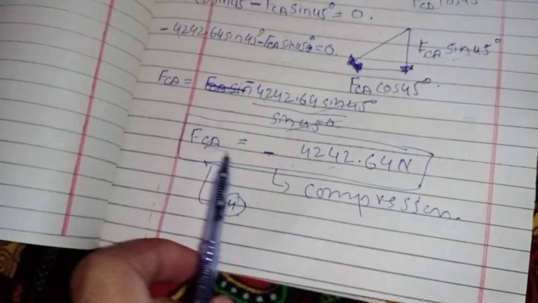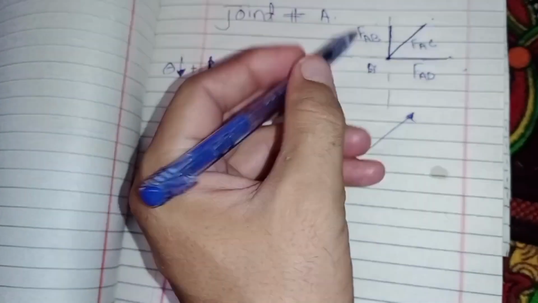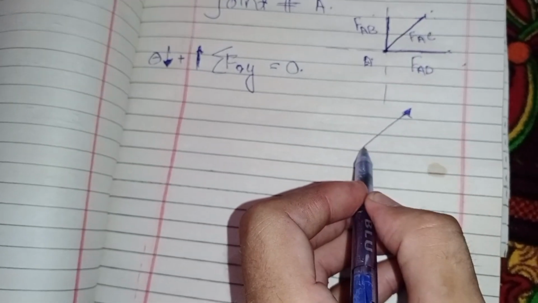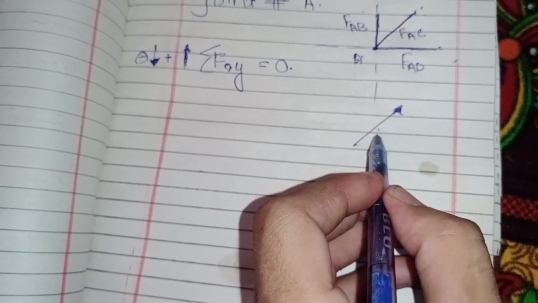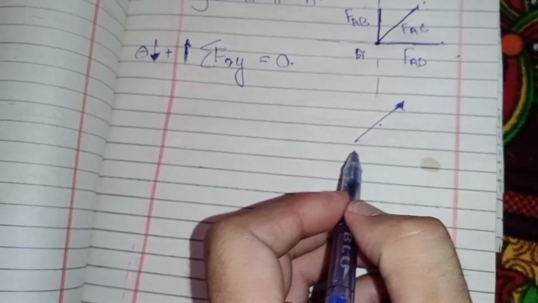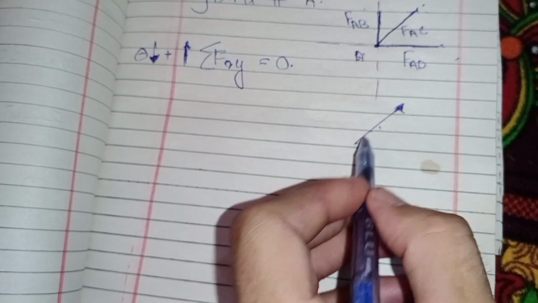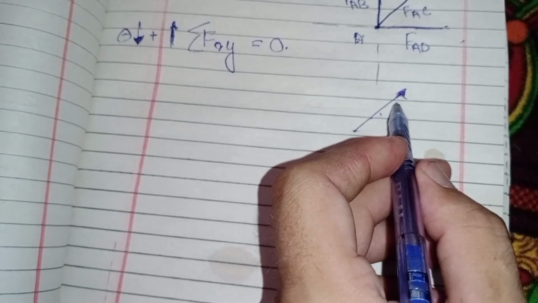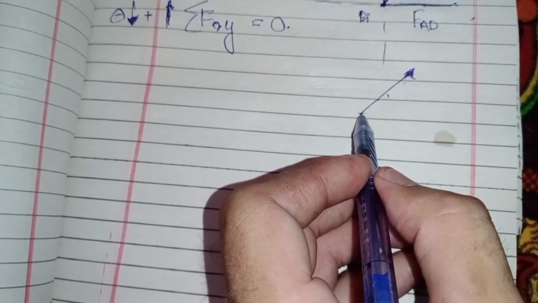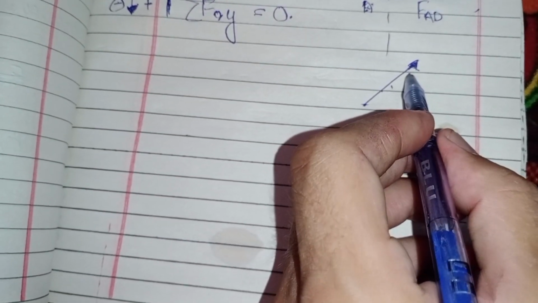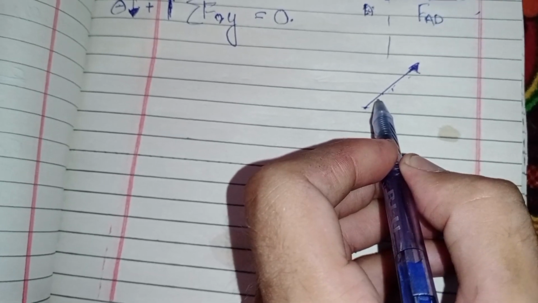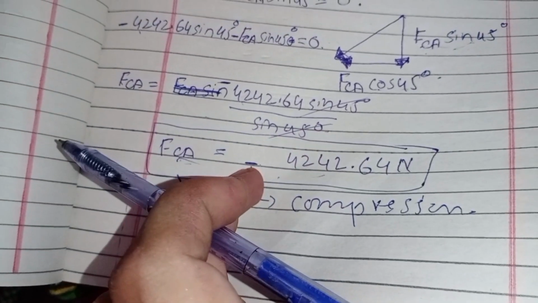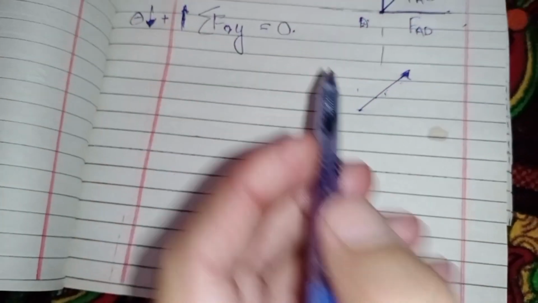In reality this is in compression, but when I write a negative sign with it, it will be in tension. Okay, to solve this problem, I take it as negative.